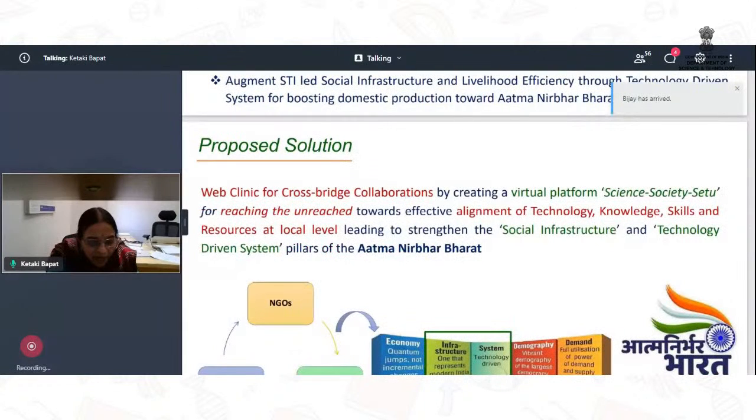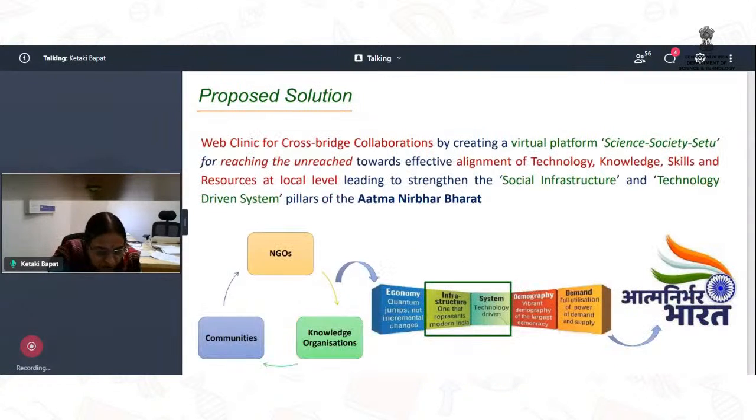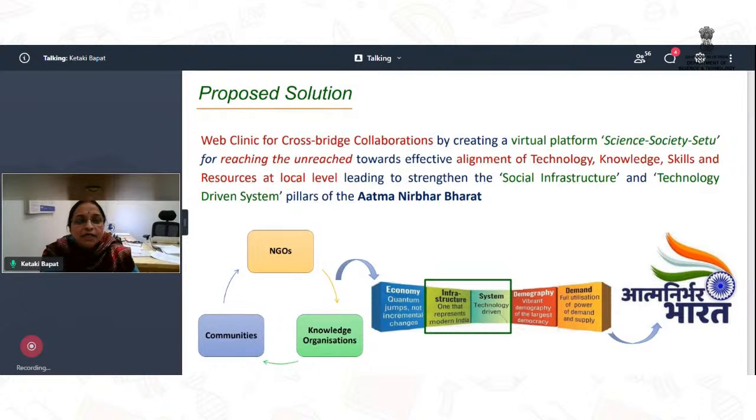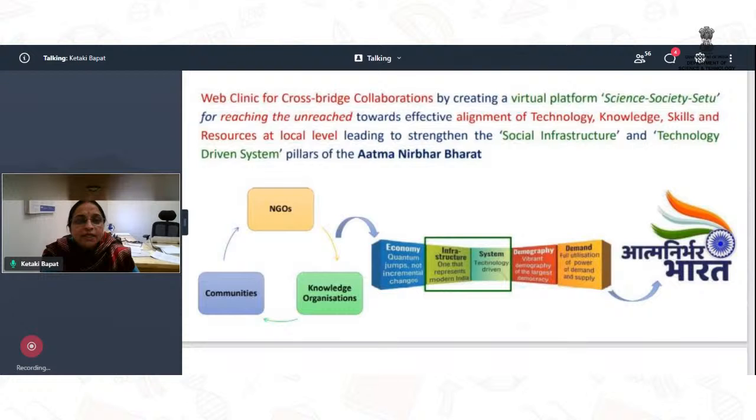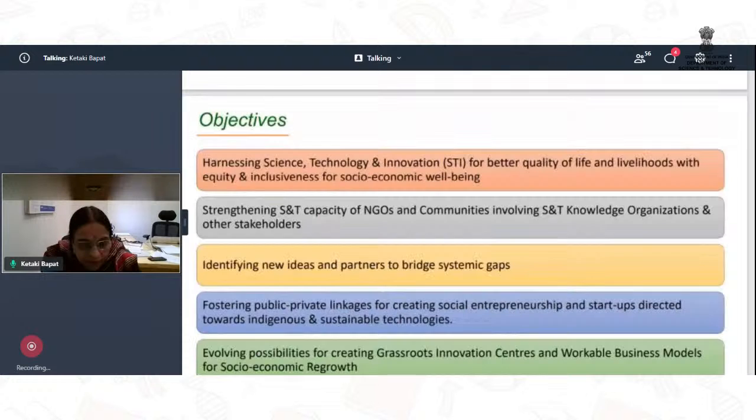Just to augment the social STI infrastructure and livelihood support with these technologies, with the available community organizations, which are being supported by DST, which will also be a key factor in delivering these technologies to the ground level. This initiation of this program has been started with all of us, DST, PSA office, and all those teams, and on 15th of October we have started.